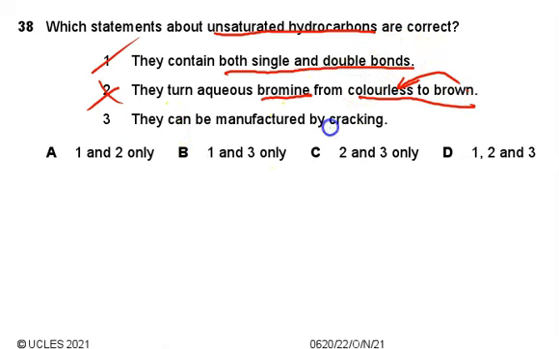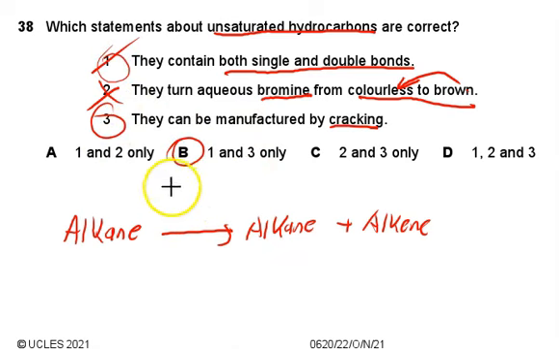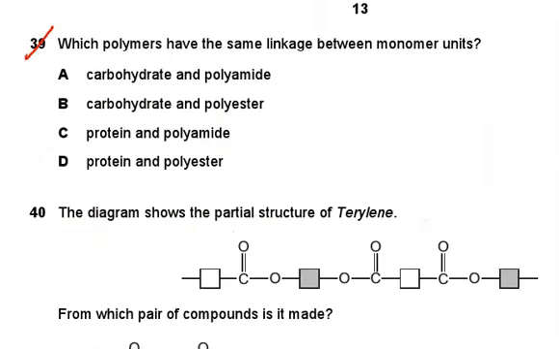They can be manufactured by cracking. Yes, so if the cracking is alkane, which is the bigger molecule, then we will have a smaller alkane and alkene. Okay, so this is the cracking process. So your answer here will be 1 and 3. Okay.